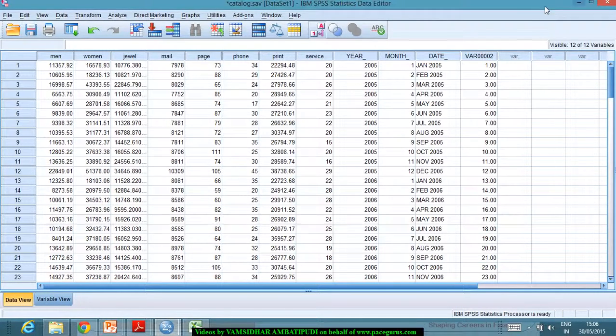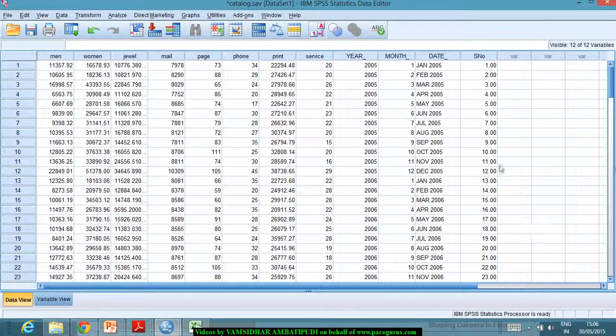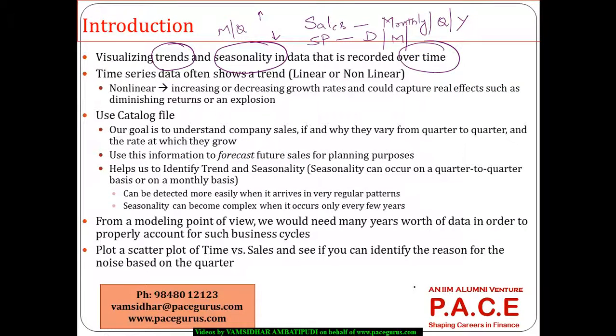Now I have copied the serial number from the spreadsheet. Let me call this serial number only. So one way of looking at it is I'll plot a scatter plot between this and the sales of men. That's one way I can do, which is a plain scatter plot.